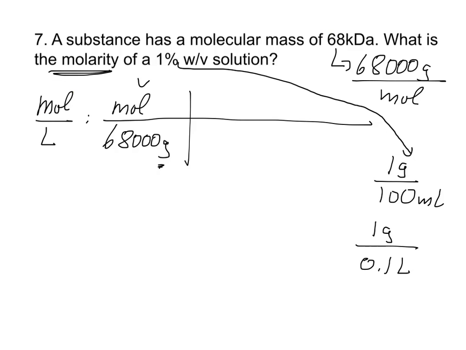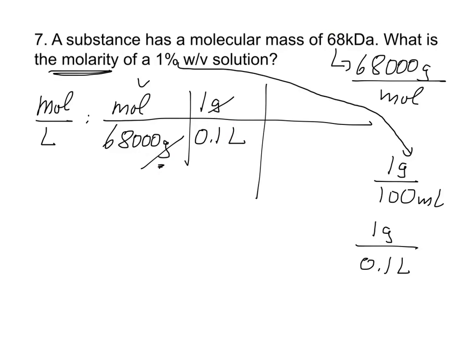Now we write this into our fraction so that the gram is on top, because then it would cancel out. So let's see what we've got. We have 1 gram per 0.1 liter. And the grams cancel out, and what we are left with is mole per liter here.